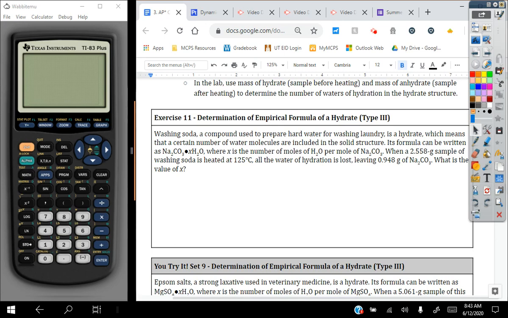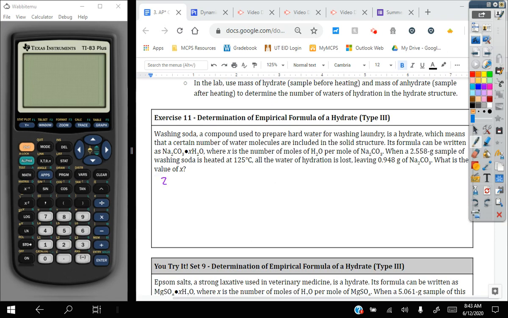This one's actually a lot easier than some of the other empirical formula problems we have. If all the water is driven off, what we can do is subtract 2.558 grams of our hydrate minus 0.948 grams of our anhydrate. I'm going to use the vocab terms there.